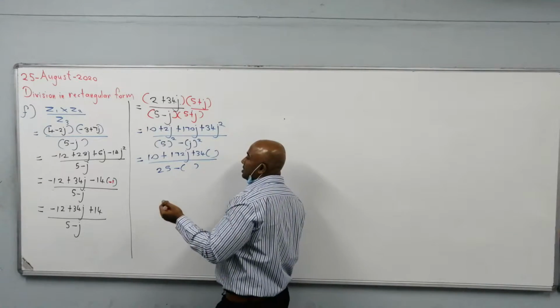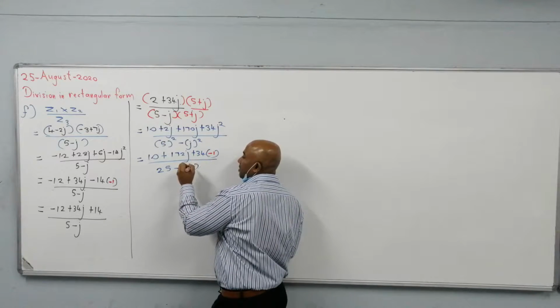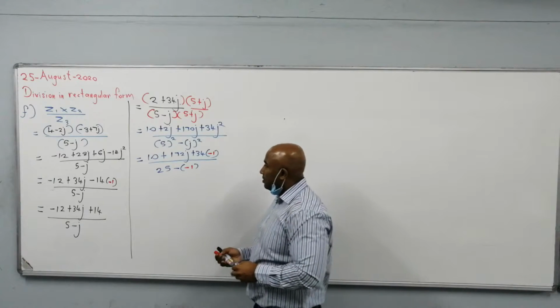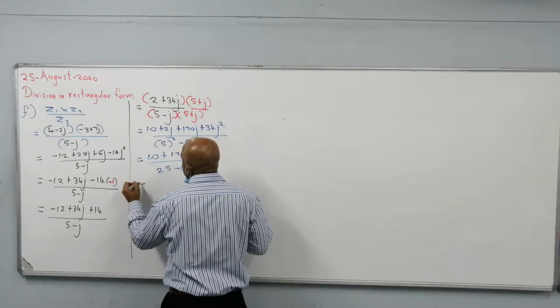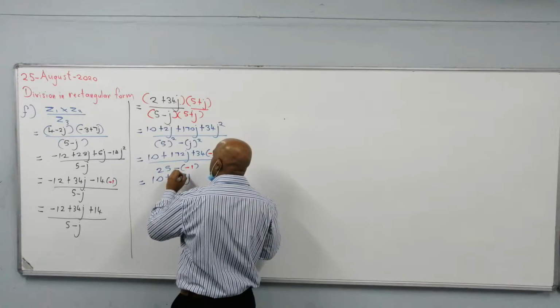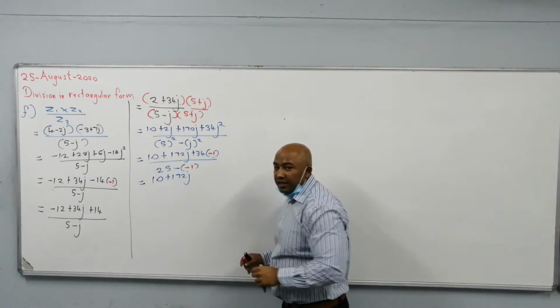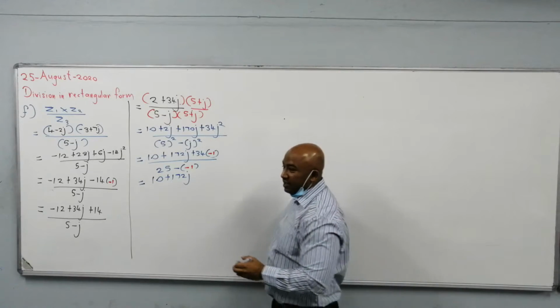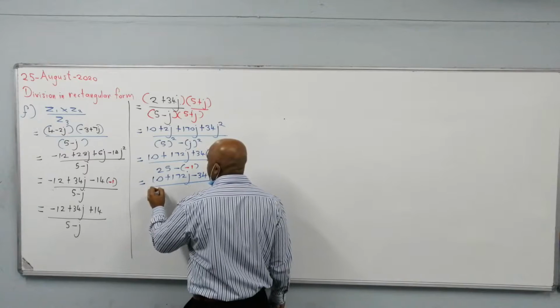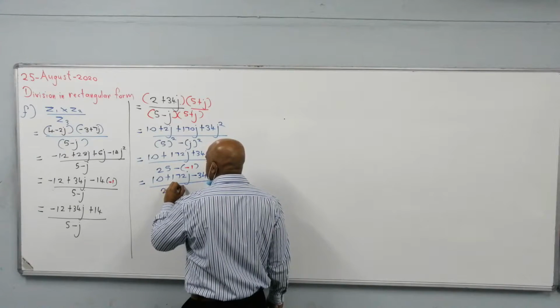So remember, wherever you see j squared, you substitute negative 1. So now this will be 10 plus 172j, and positive times your negative there, that will be a minus 34. And here we get 25 plus 1.